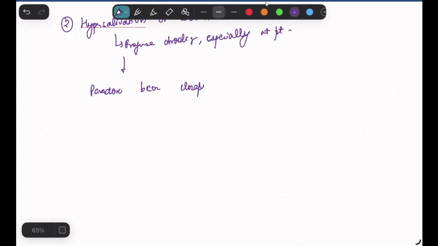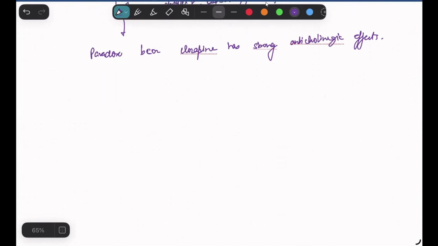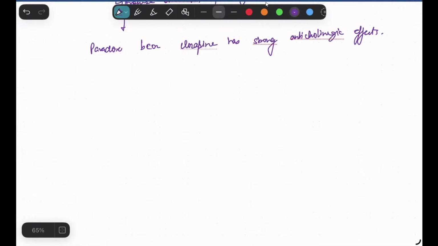Because clozapine has strong anticholinergic effects. I'll make a short video again on why and how clozapine causes hypersalivation. This video is already detailed about clozapine, so I'll make a separate small video.